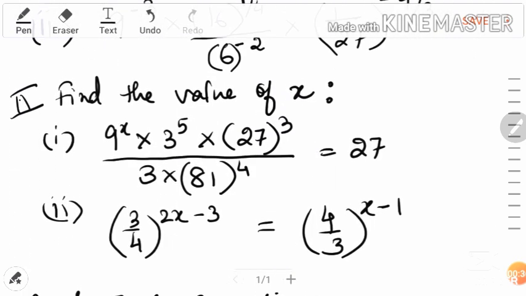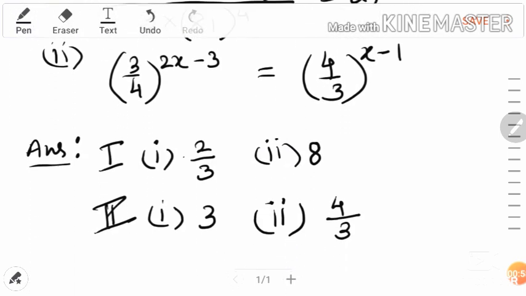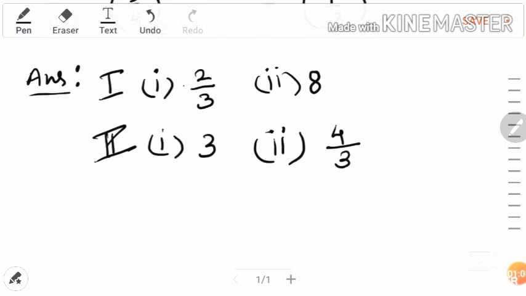The second question is find the value of x in the given equations. Follow the steps from the video lesson and solve these questions. After completing, check your answers.